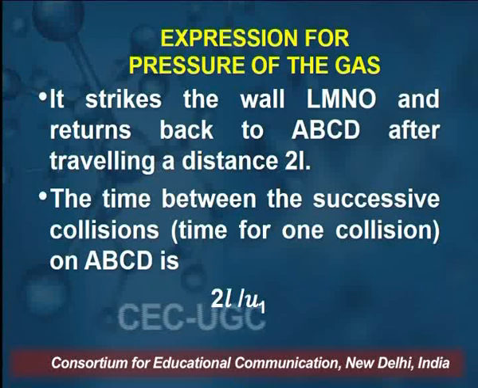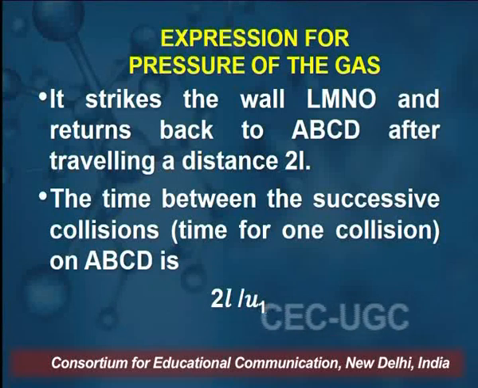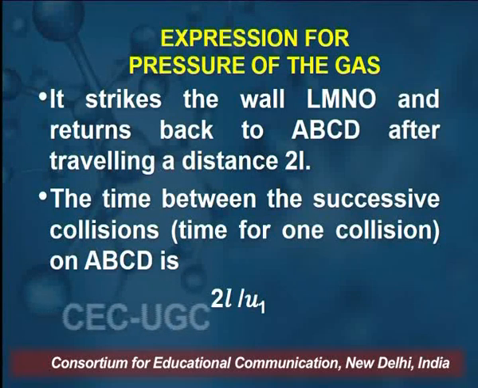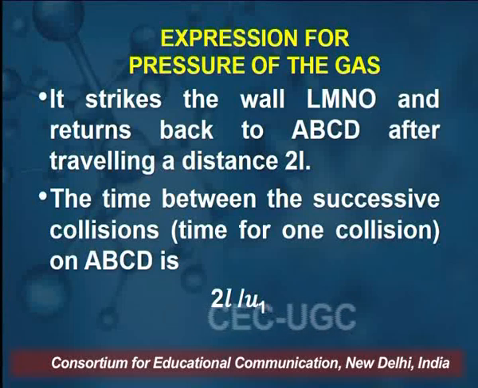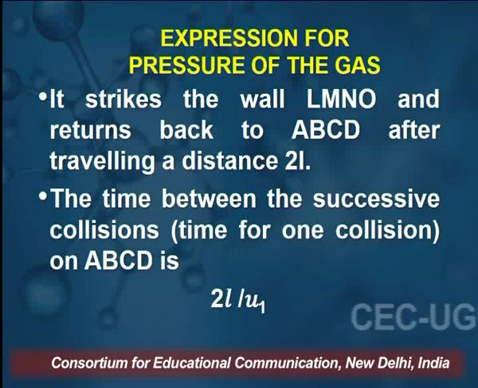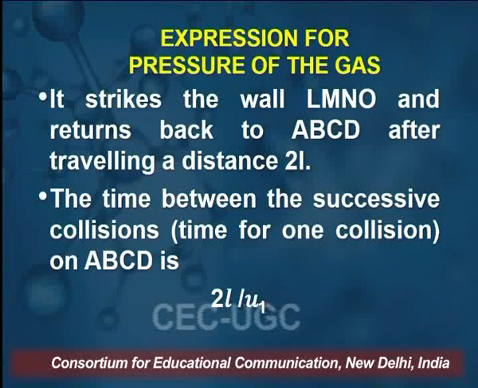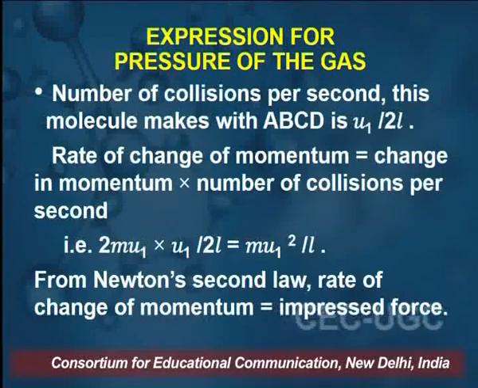It strikes the wall LMNO and returns back to ABCD after travelling a distance 2L. The time between the successive collisions on ABCD, that is time for one collision, is 2L by U1. Hence, the number of collisions per second this molecule makes with the wall ABCD becomes U1 by 2L.